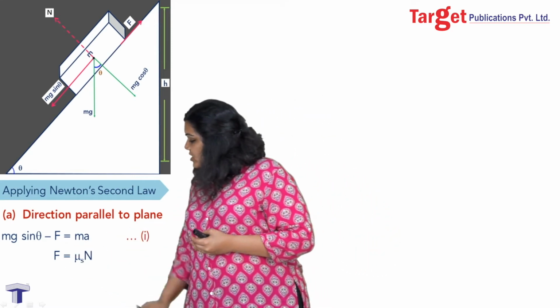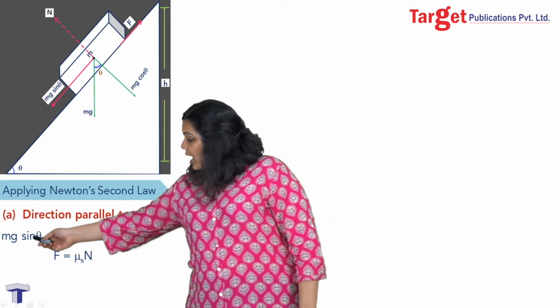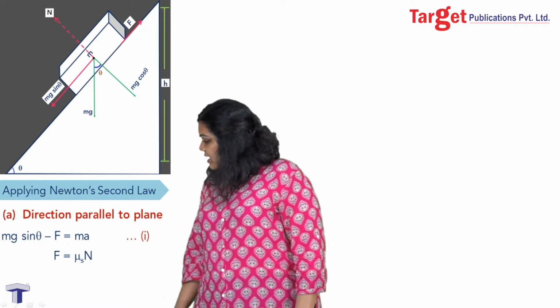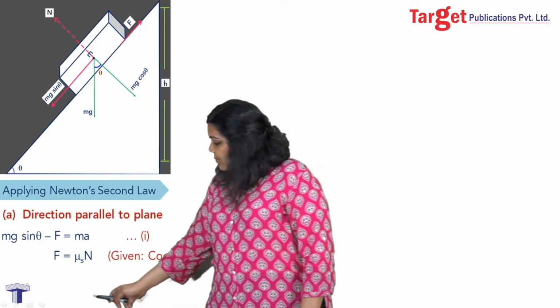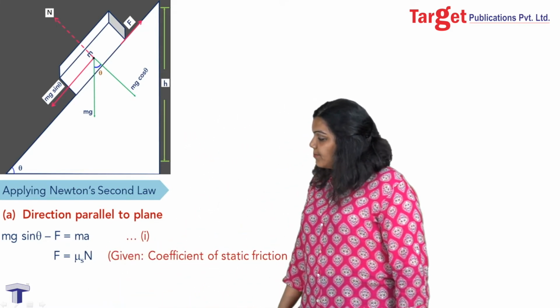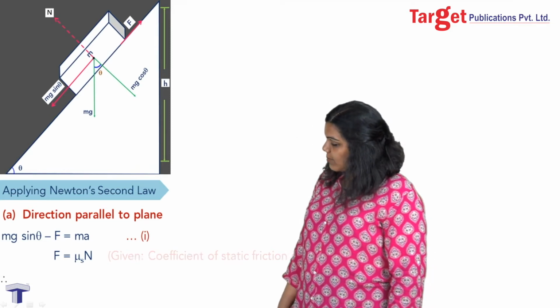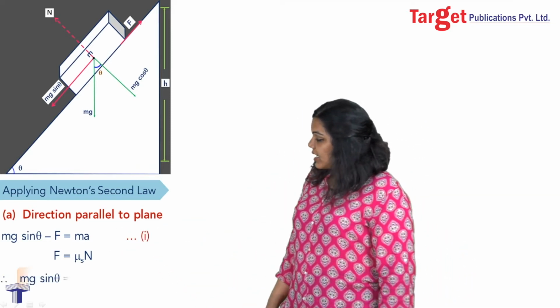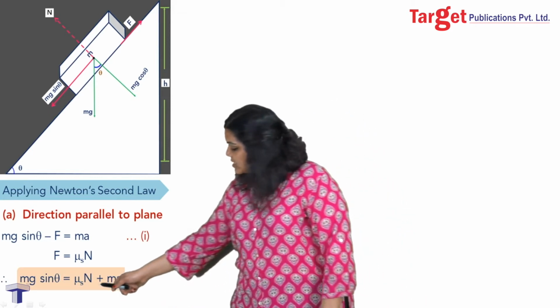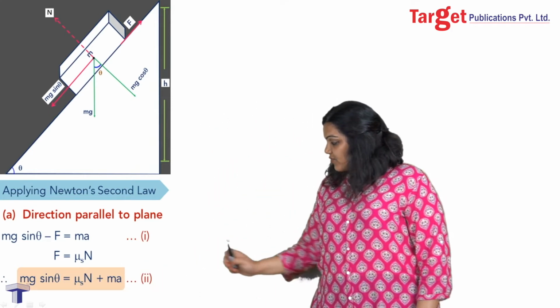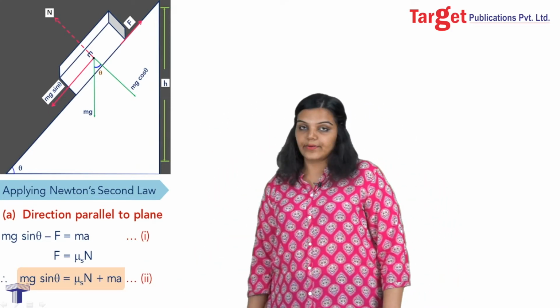So I replace F with mu s N in this equation. That becomes mg sine theta minus mu s N is equal to ma, and if I rearrange, I get mg sine theta is equal to mu s N plus ma. This is the first equation that I'm going to keep aside.